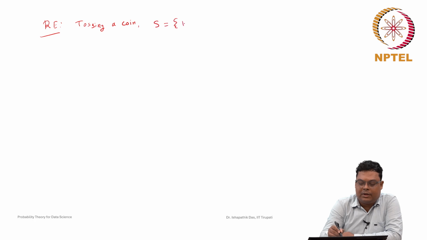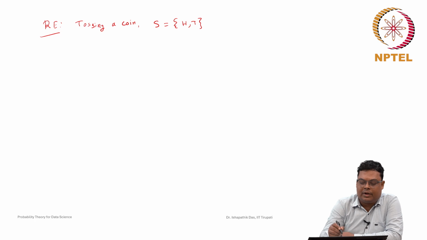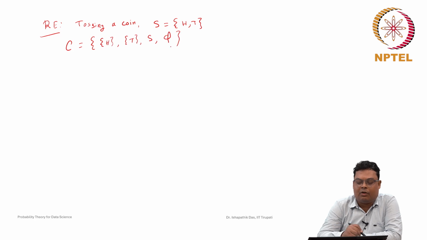The sample space is head and tail. Now, if we consider the sigma field as the power set of S, we already discussed what the power set is. It contains all the subsets of S. So suppose C is the power set. So it is H, T, and also S and phi, containing all the subsets of S.